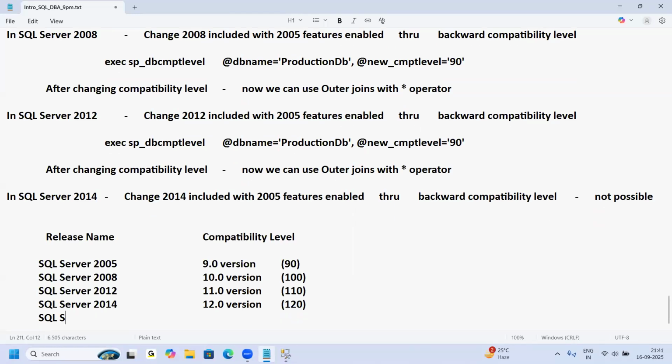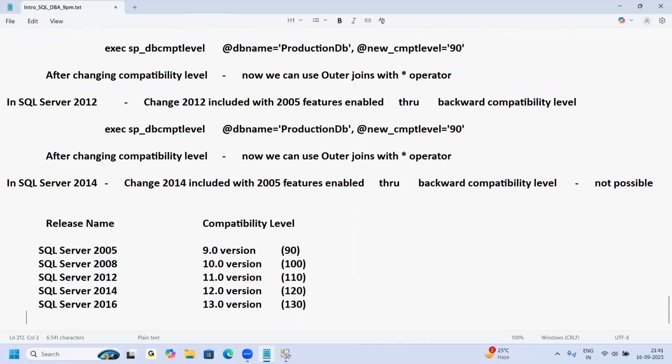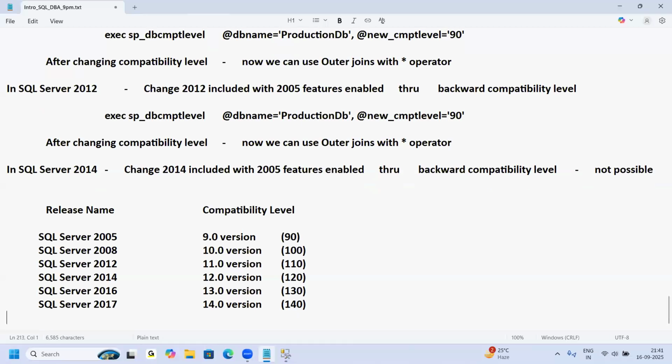SQL Server 2016 is version 13.0, read as 130. SQL Server 2017 is version 14.0, read as 140. Like that, you will find compatibility levels; depending on the version, the compatibility level is decided.